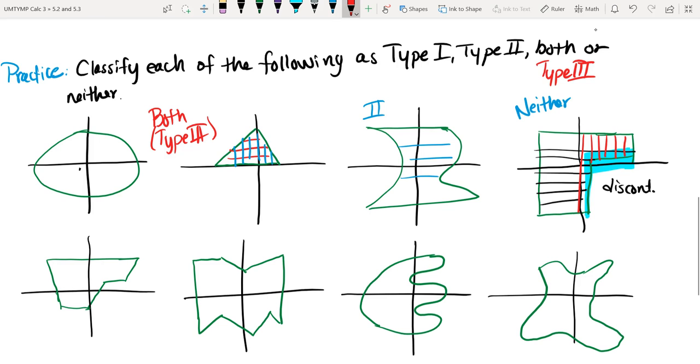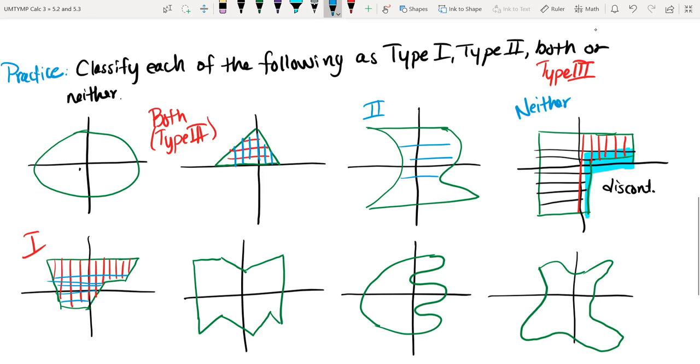This next one, again, probably one that tripped you up. This is going to be a type 1 because what ends up happening is as we move through, our x slices end up being fine, but if we look at y slices, let's do blue. If I do y slices, right here I have something that's changing continuously, and then there's a jump.